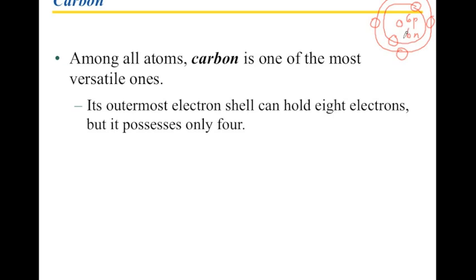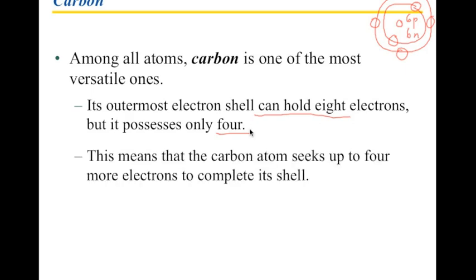Now, on this second shell, you could actually have 8 electrons, but there are only 4. So it can hold 8 electrons, but it only has 4. So carbon would rather like to have 8, which means it is going to try and get 4 more from somewhere.